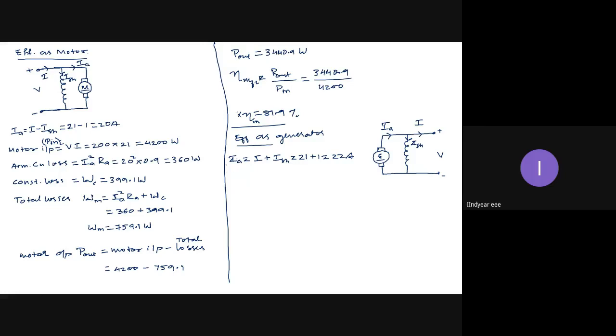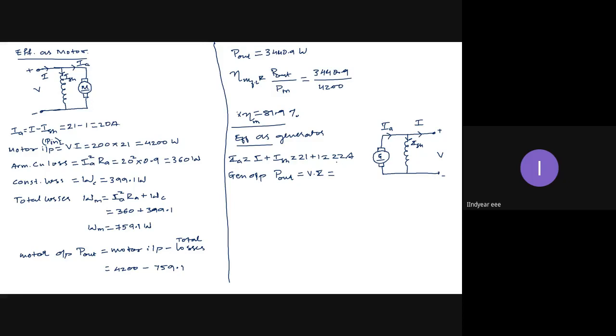Next, we will follow methodically. So generator output. Now we know what is I and what is V, so I will get the generator electrical output. Generator output P out is equal to V into I. See, whether the machine is operated as a motor or generator, the output power remains constant.